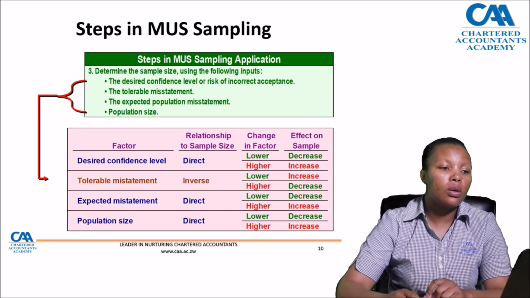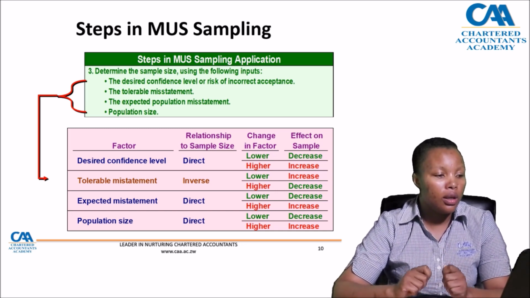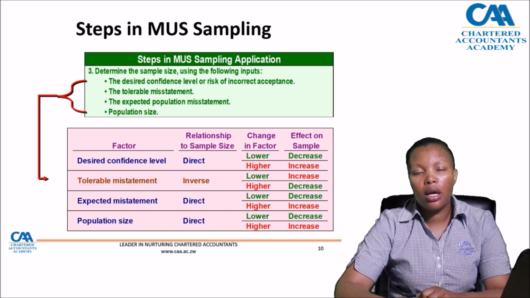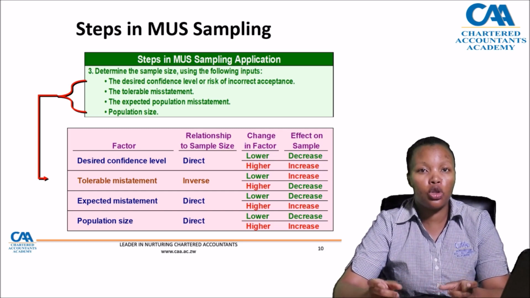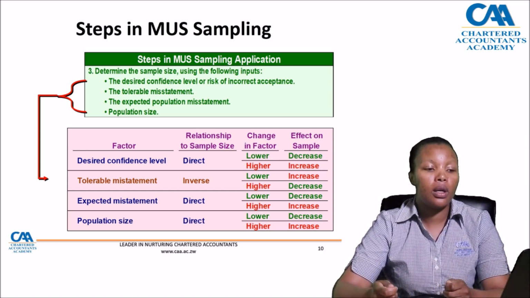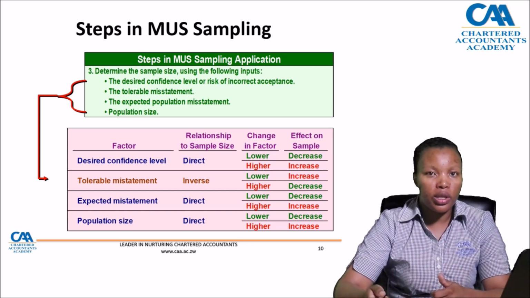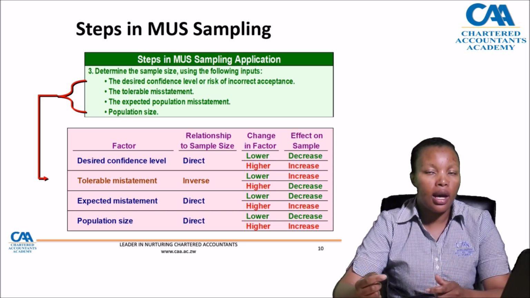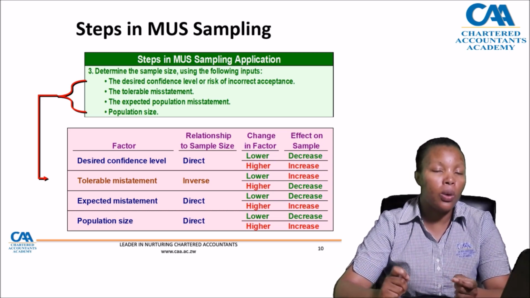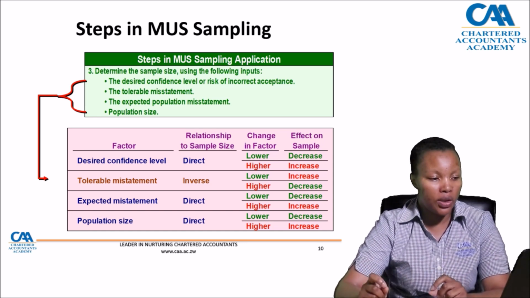With monetary unit sampling, your desired confidence level, which is determined by the level of assurance that you want to express, has a direct relationship. When you want a high level of assurance, the sample size will increase. The opposite is true: where you want a lower level of confidence, the sample size will decrease.